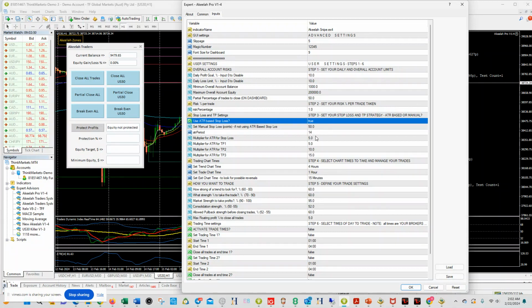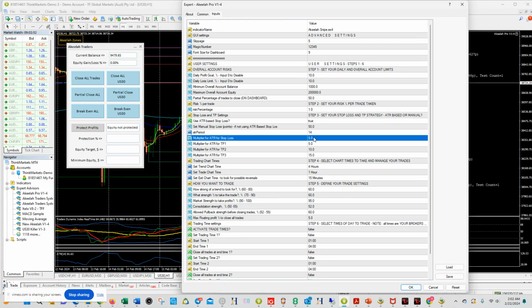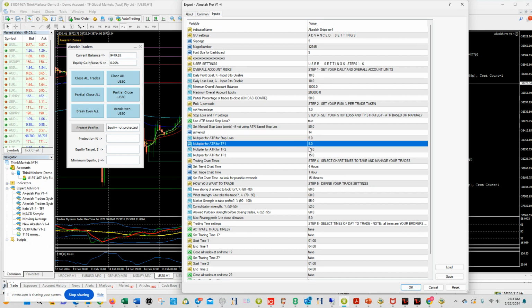And then I have a multiplier down here that I can multiply that average true range by, a fixed number based on how comfortable I am with the asset that I'm trading, the normal range over how long of a period I'm trading, etc.